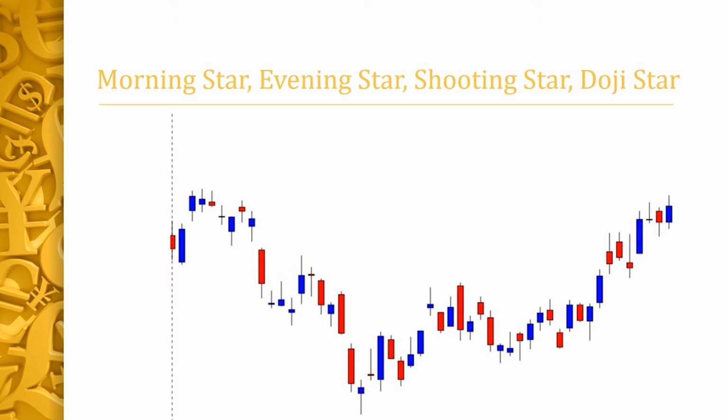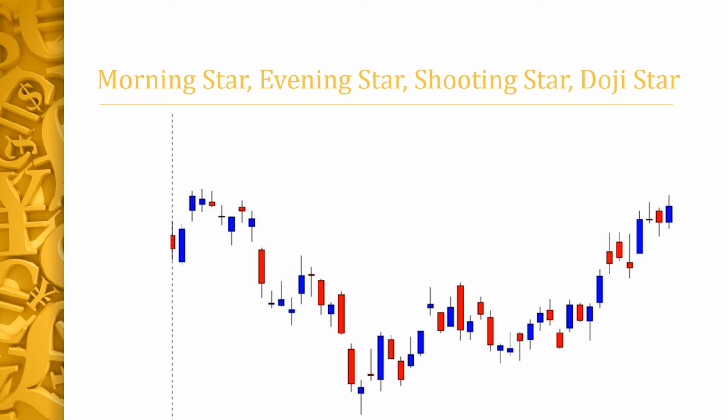As I said about other candlestick patterns, we don't always have gaps in the forex market, so we have to tweak those a little bit to use them in forex trading.